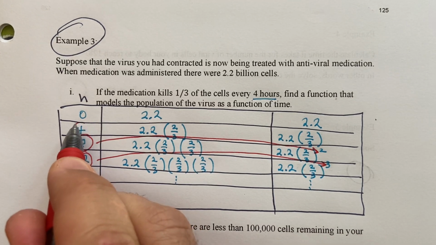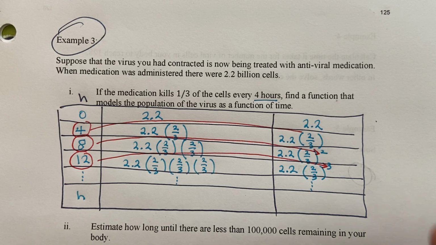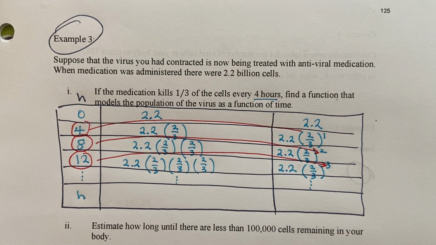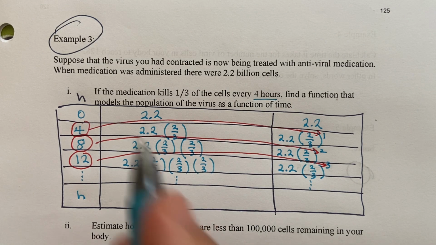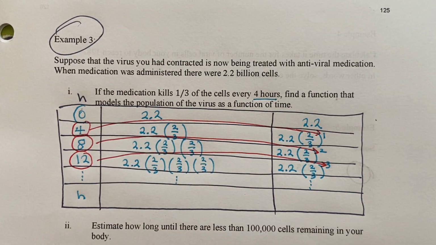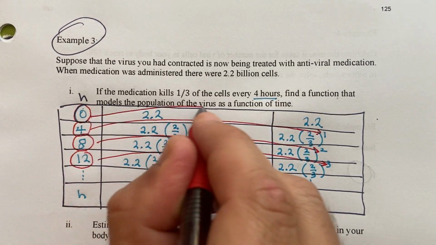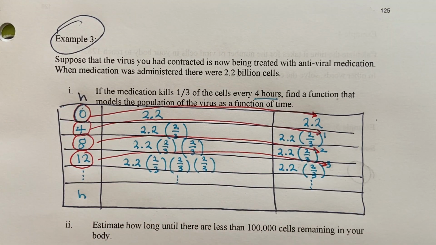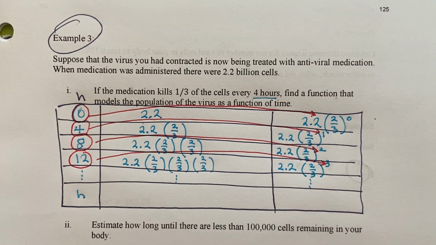When I had a 4 here, technically I didn't write it, but there is a 1 there. When I had a 0 here, I didn't write it, but technically you could write a 2/3 to the 0 here.